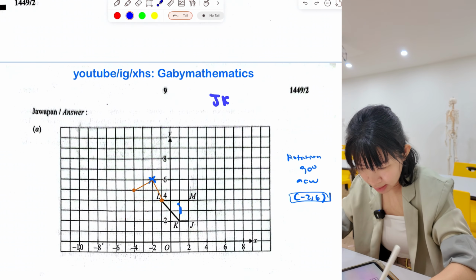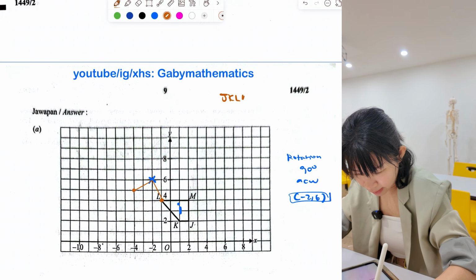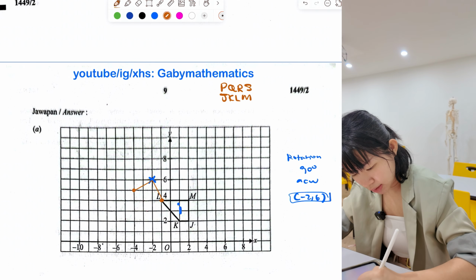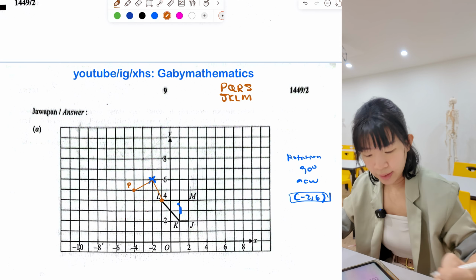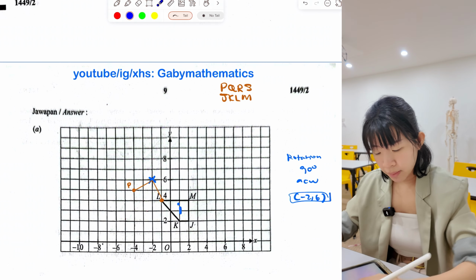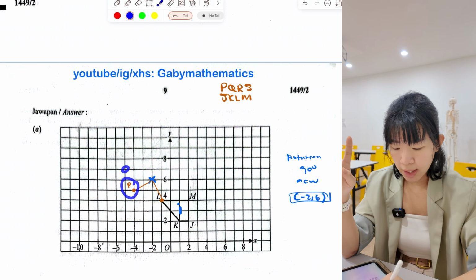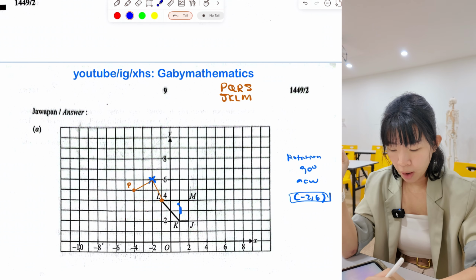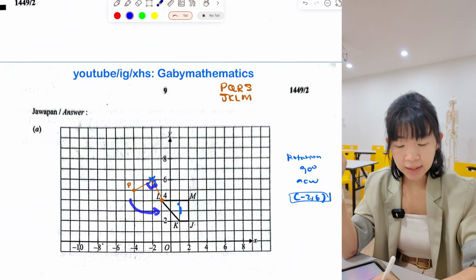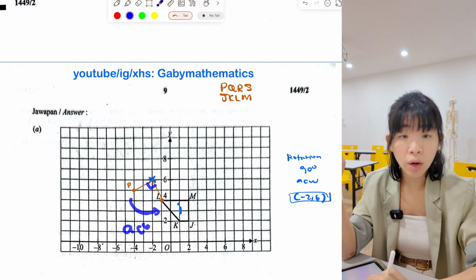So JK is JKLM, so this is actually the P. Check one more time. This is the object, L is the image. From object to image, it gives us 90 degrees, and this is called anti-clockwise.